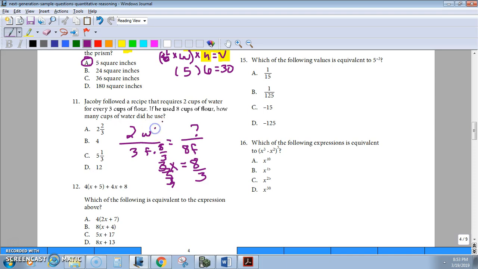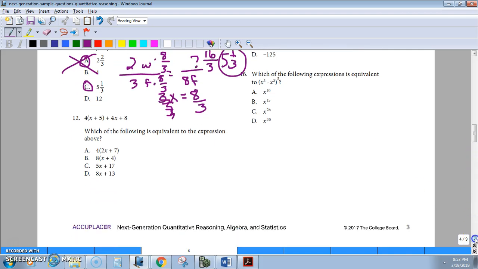So I have to multiply 2 by 8 over 3, which gives us 16 over 3. But it looks like they want us to turn it into a mixed number, with a denominator of 3. How many times can 3 go into 16 without going over? That's 5, and then how much is left over? 5 1/3. So it's going to be C.